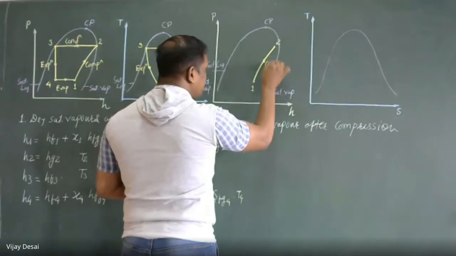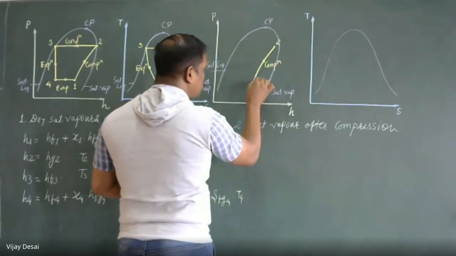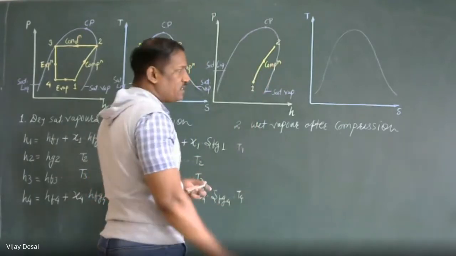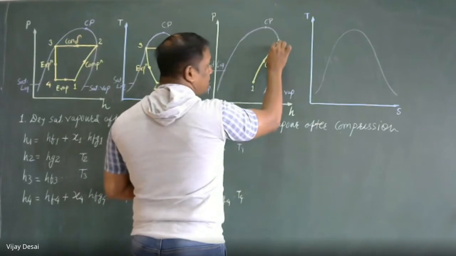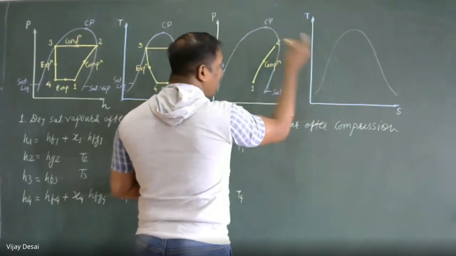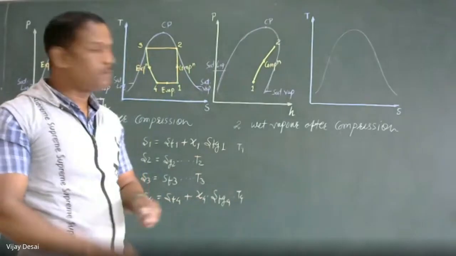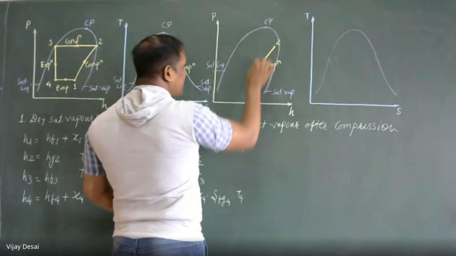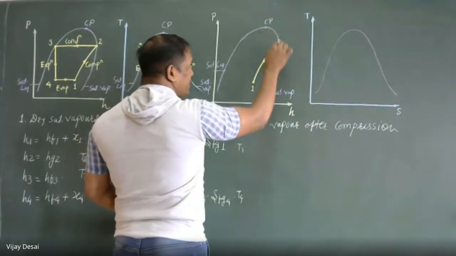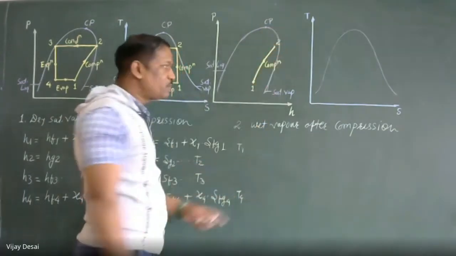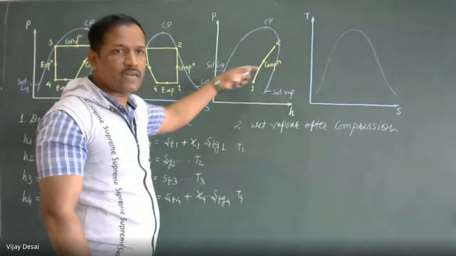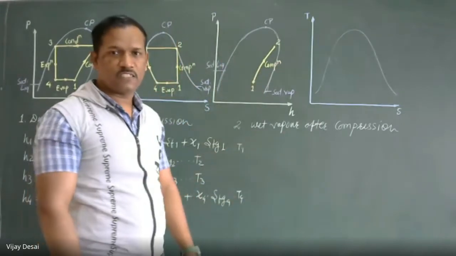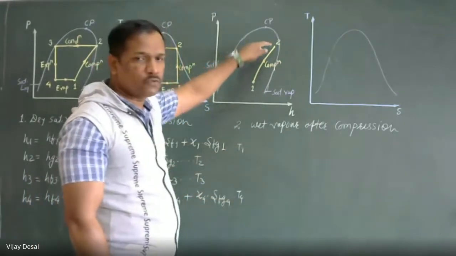So the entry point has more wet vapor condition, after compression it becomes higher dry condition, but it has not reached completely to saturated dry. Its dryness fraction improved, so the dryness fraction at 2 is more than at 1. It becomes more dry, but it has not reached the exact dry saturated vapor condition. So it lies in the dome itself.